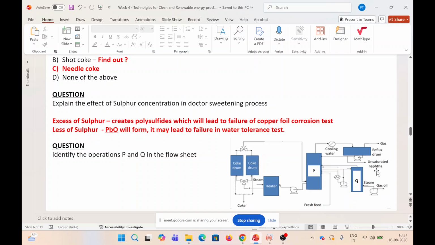So what could be Q? And in case of P, the coke drum is connected to P, and from P you have this cooling tower which goes to the reflux drum, and then you get the gas. So what can you assume or guess from this?